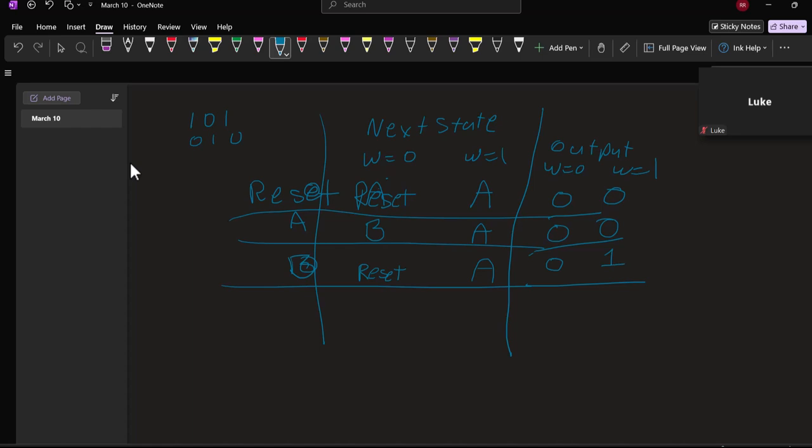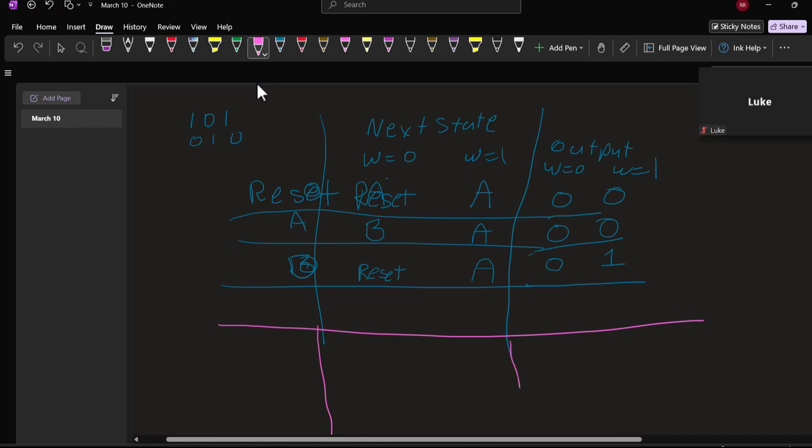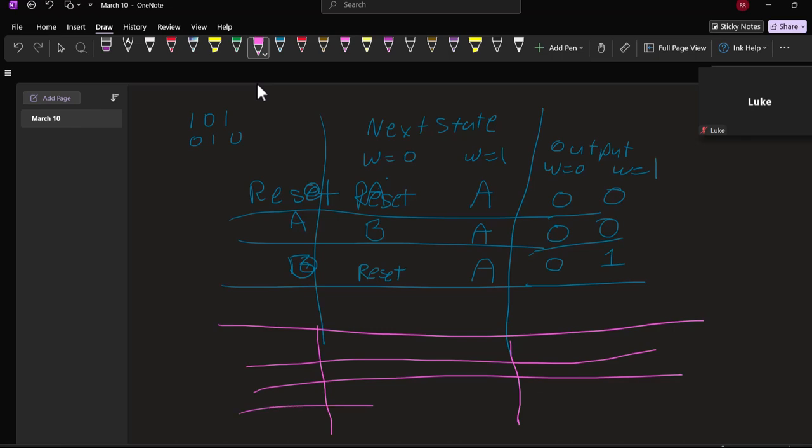And then when we do this as a state assigned table, we're going to have another row. We're going to have 0, 0, 0, 1, 1, 0, and 1, 1. And we'll have next state, W equals 0, W equals 1, output, W equals 0, W equals 1.